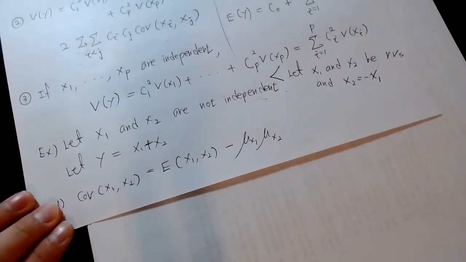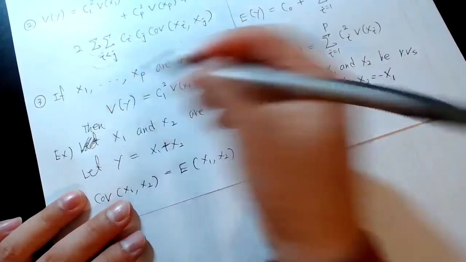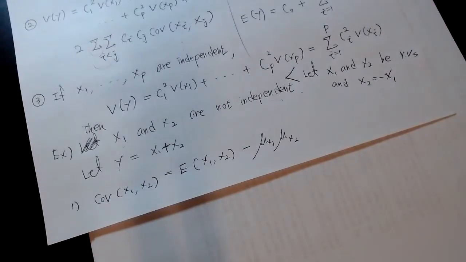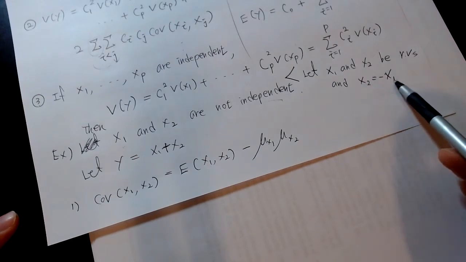Then x1 and x2 are not independent. That makes sense, because there is a relationship between x1 and x2, which is x2 equals negative x1. Definitely they are not independent, because the value of x2 is determined by the value of x1. So from here, I'm going to plug in negative x1 for x2. Let's see that here.